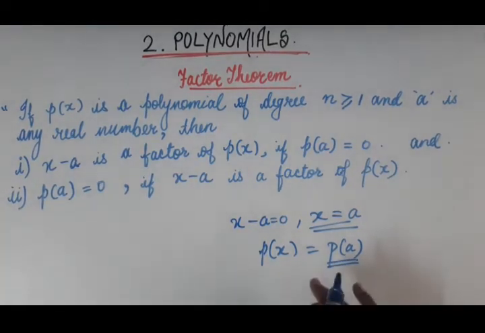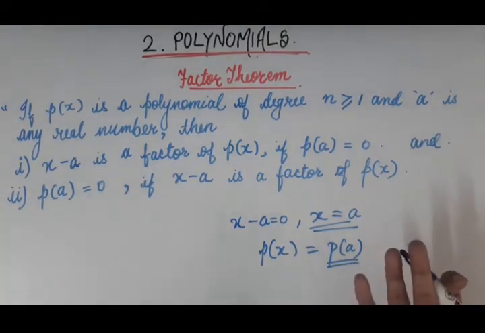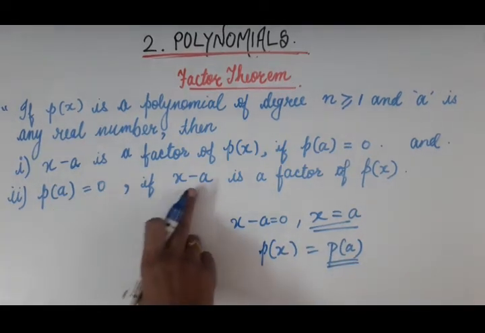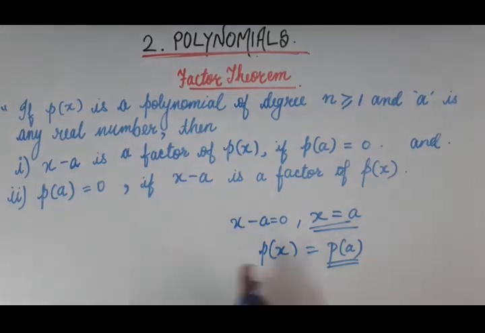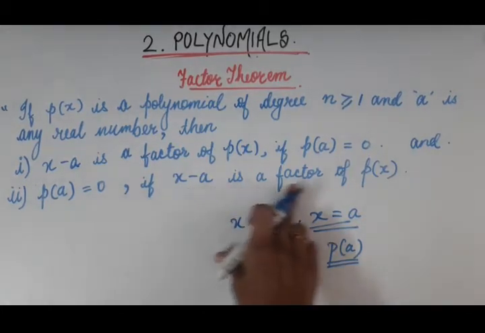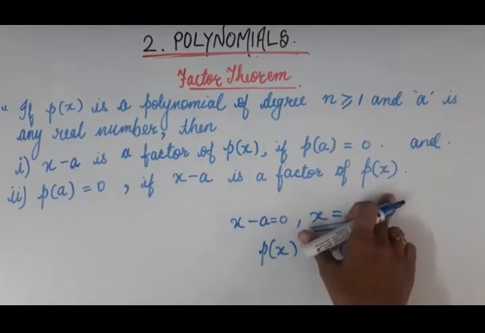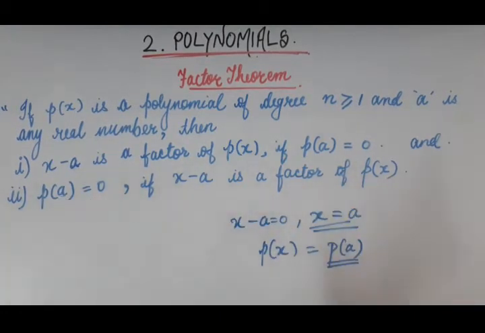And the converse of this theorem is the opposite. What is it? p of a equal to 0, that is the remainder is 0, if the divisor is a factor. So if x minus a is given to you as a factor of p of x, then we can consider the remainder 0. That is the converse of this theorem. Now we will solve a few questions so that your idea will be cleared.